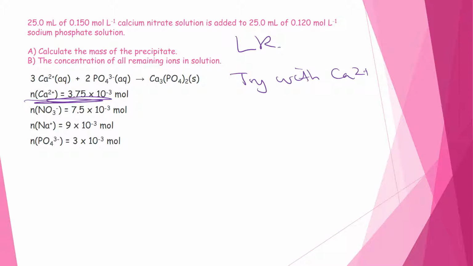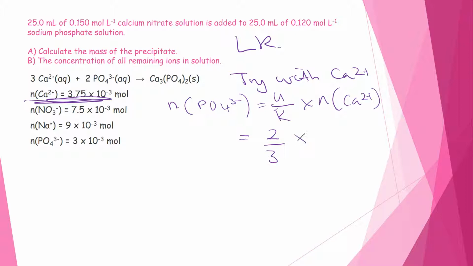So I'm going to say the number of moles of phosphates is equal to unknown over known times the number of moles of calcium ions. Now the unknown in this particular case will be the phosphate ions. The known is the calcium ions, times 3.75 by 10 to the negative 3.